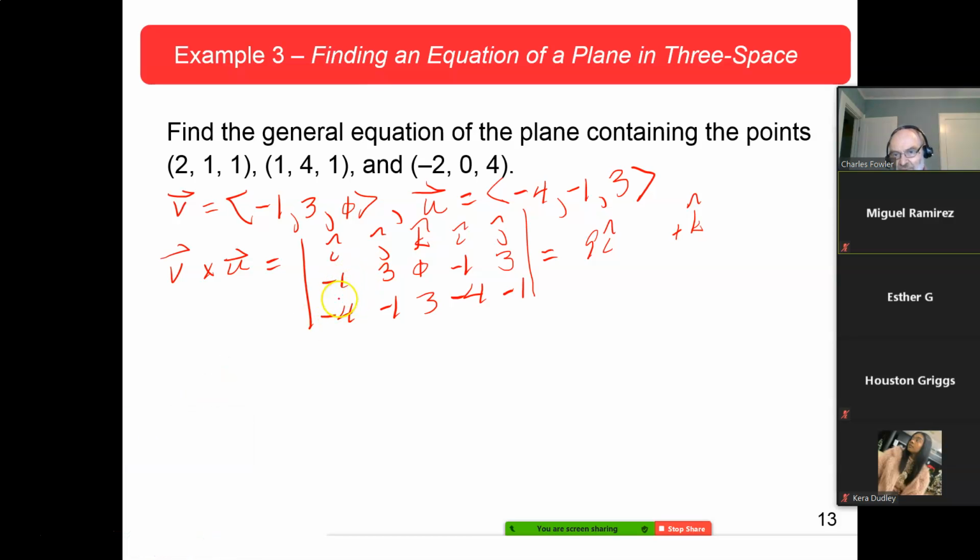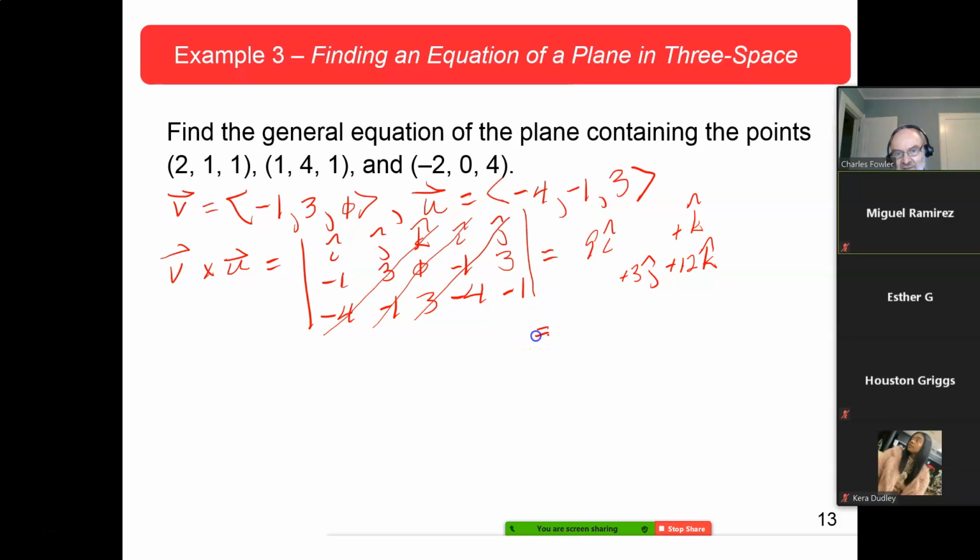Now let's do the up diagonals. That would have been a minus 12k, except going up, you negate it, so that would be plus 12k. The next one is your good old 0. And the next one to that would be a plus 3j, because that would have been a minus 3, but you're going up, you negate it, so that would be plus 3j.